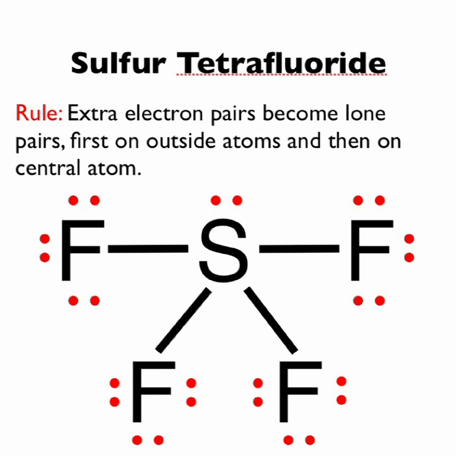In this case, we can see that sulfur in sulfur tetrafluoride is an exception to the octet rule. It has 2, 4, 6, 8, 10 electrons around it. So it exceeds the octet rule. So as a general rule, when we have extra electron pairs, we place those around the central atom to form our Lewis dot structure. This has been a very quick summary of how to draw Lewis structures.